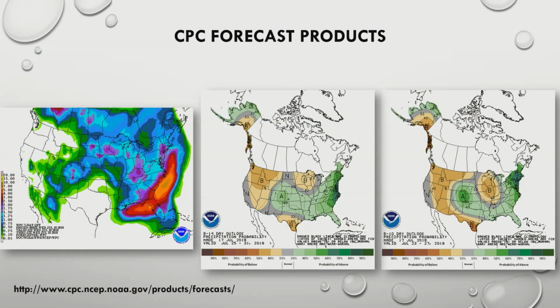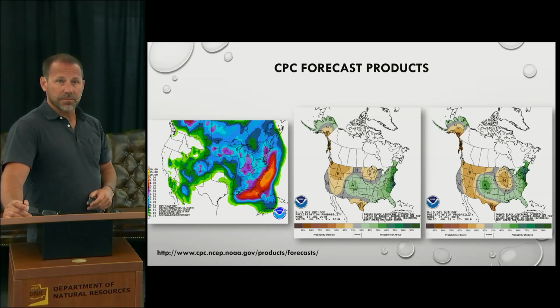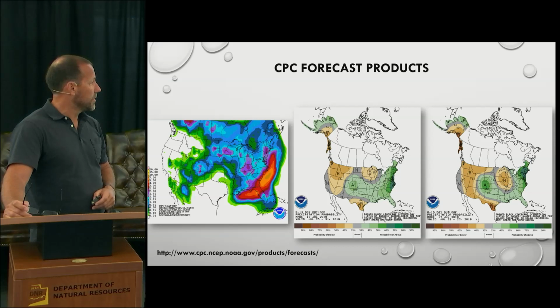So they have a 6 to 10 day, 8 to 14 day, and then a monthly and a seasonal outlook as well. The areas in green have a higher probability of above average precipitation, and the brown areas have a below normal probability of precipitation.